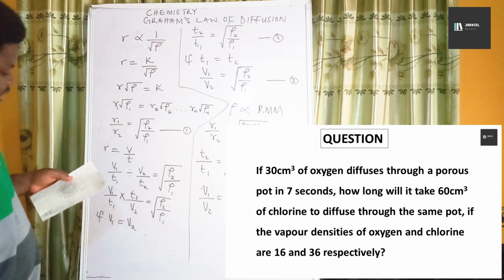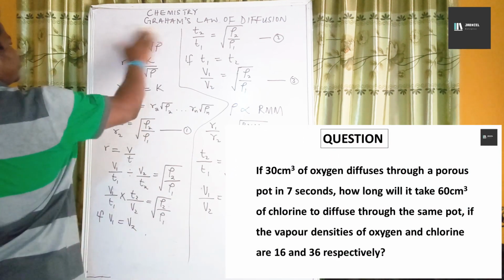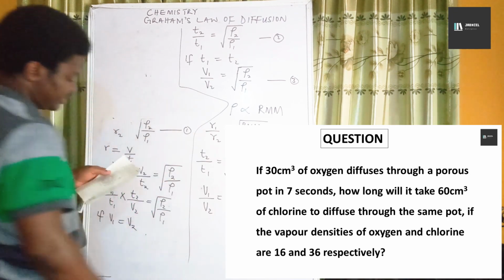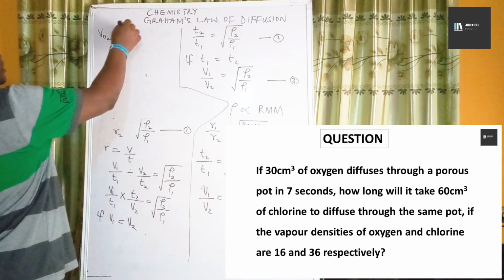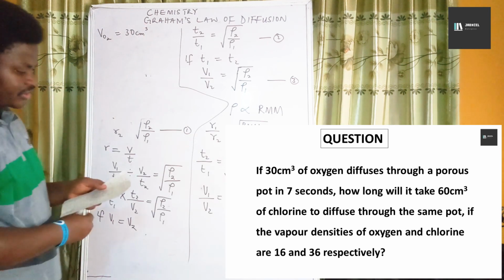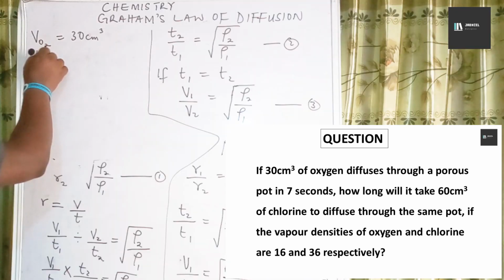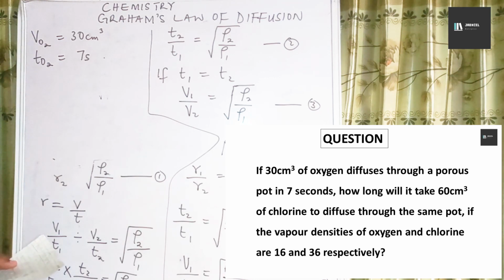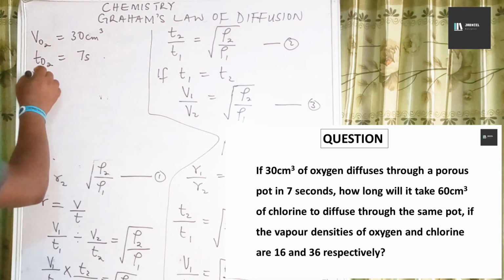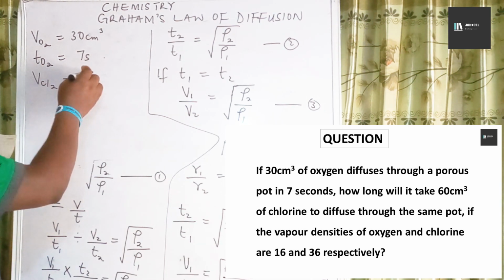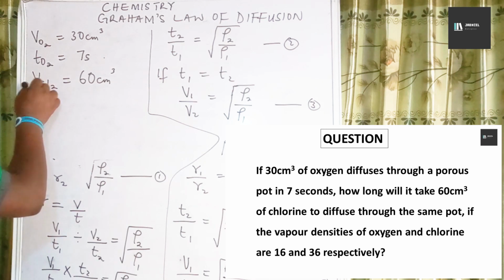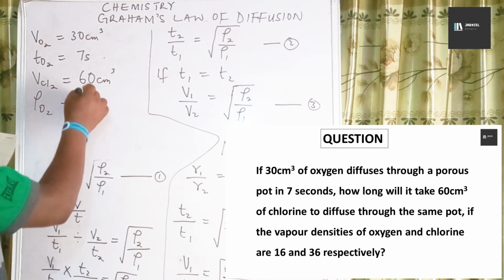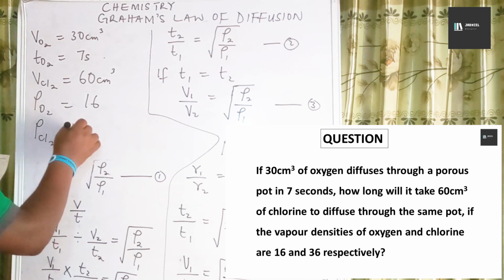The first question states that if 30 cm cube of oxygen, the first gas we are considering, diffuses through a porous pot in 7 seconds, how long will it take 60 cm cube of chlorine, another gas we are considering, to diffuse through the same pot, if the vapor density of oxygen is 16 and the density of chlorine is 36?